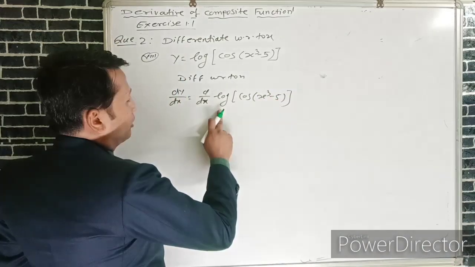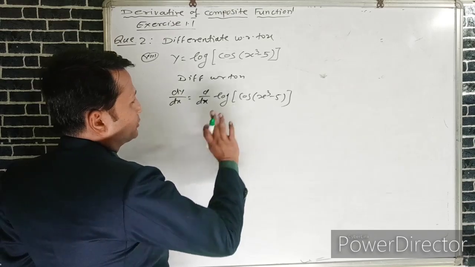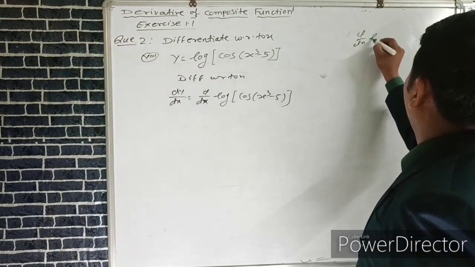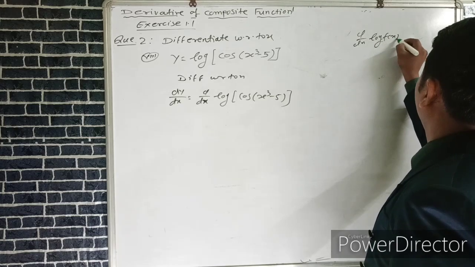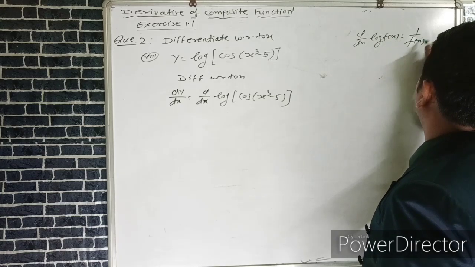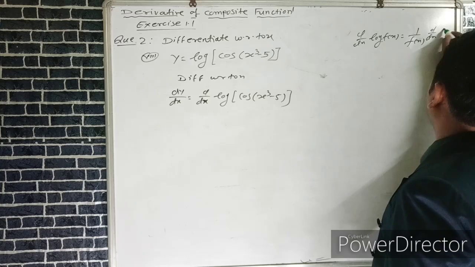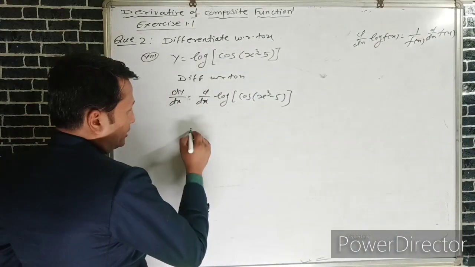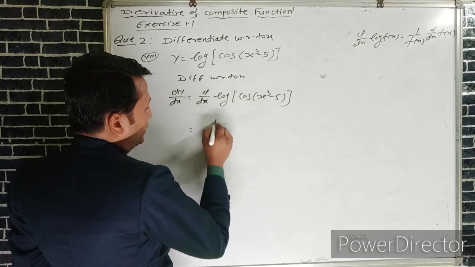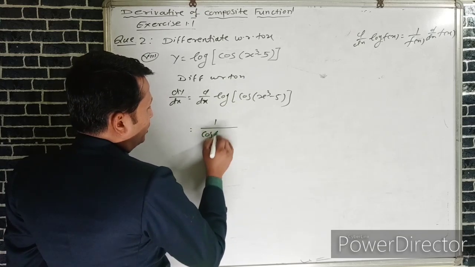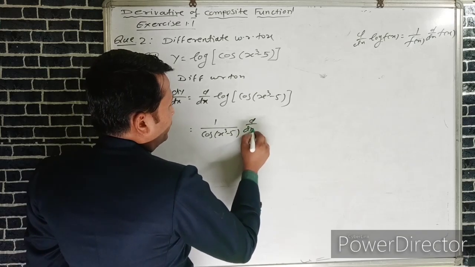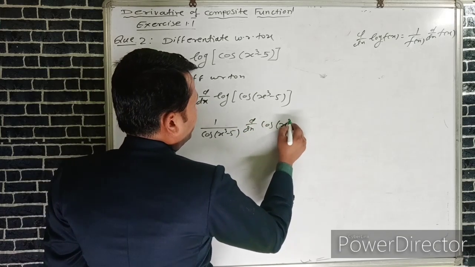We know that the derivative of log x is 1 by x, and the derivative of log of f of x is 1 upon f of x, and we take again the derivative of f of x. Similarly, we can write here the derivative of log of cos of x cube minus 5 is 1 upon cos of x cube minus 5, and again we take a derivative of cos of x cube minus 5.